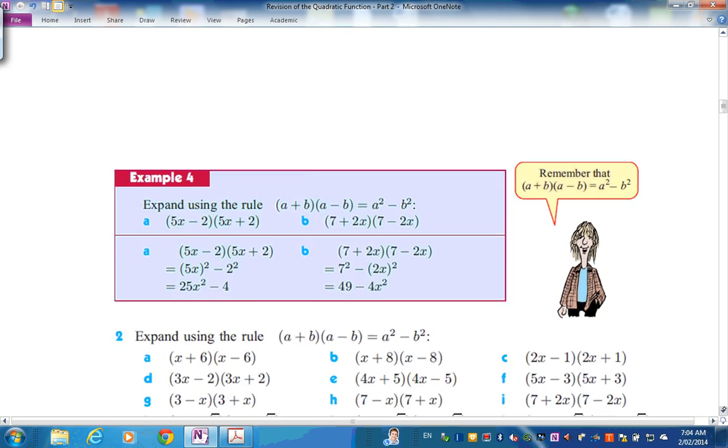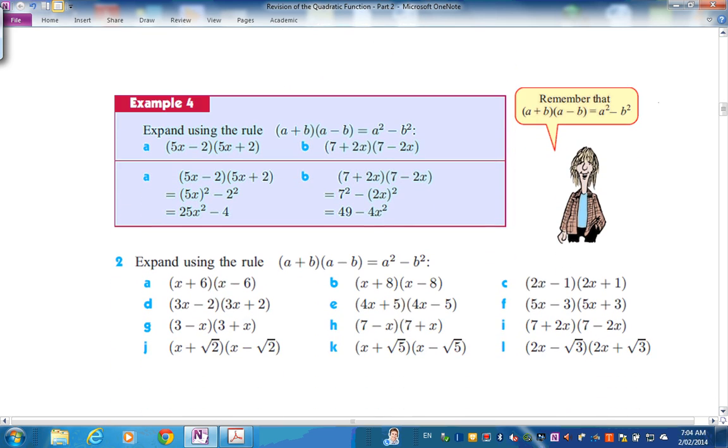Let's have a look at one of the pattern ones here. And this time we're going to try and spot first term plus second, first term minus second is first term squared minus second term squared. We're going to try and spot that. Is that one of these? Is this one of those? Yep. First take second, same first plus second.